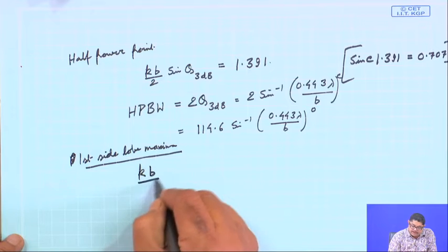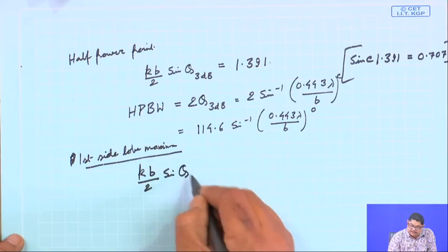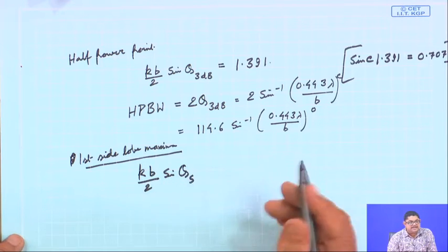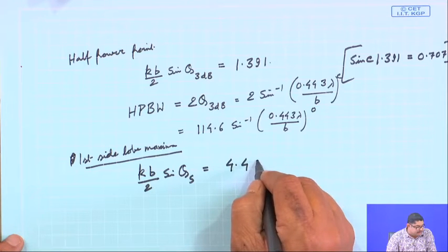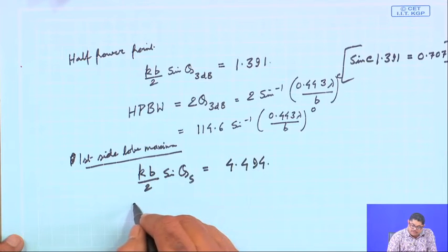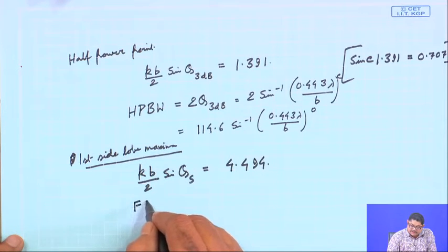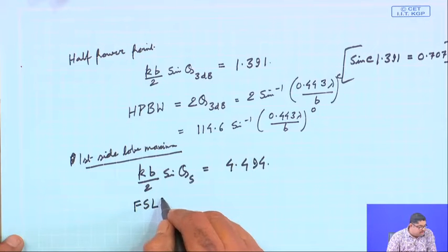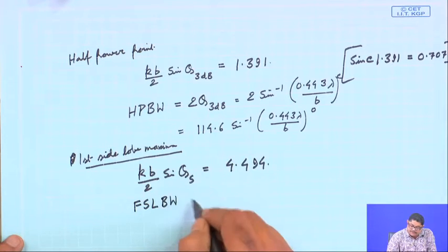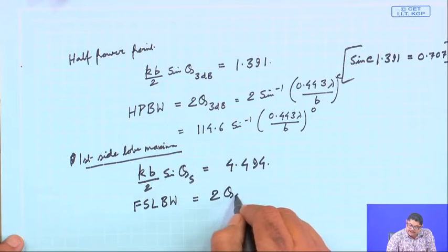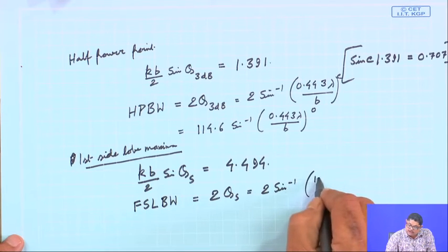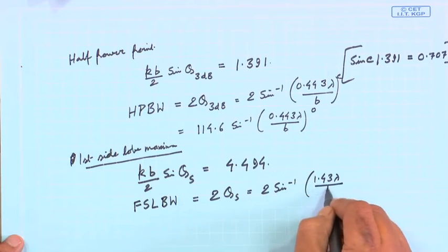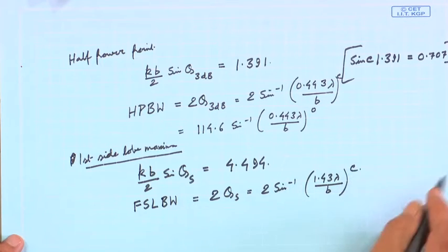Let us say the side lobe maxima, theta s, occurs when this x is 4.494. So, from here you can say that the first side lobe beam width will be 2 theta s, and that is 2 sin inverse 1.43 lambda by B in radian.